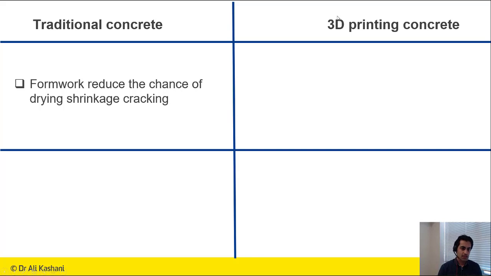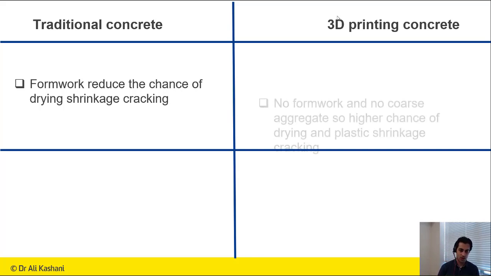The other thing is about drying, shrinkage, cracking. That also comes with the removal of the formwork, because that formwork helps the material stay moist during the first 48 hours, and helps to reduce escaping of the water and drying shrinkage cracking.